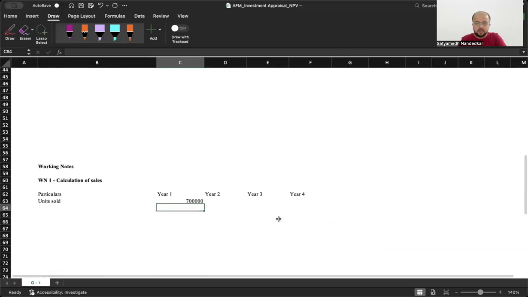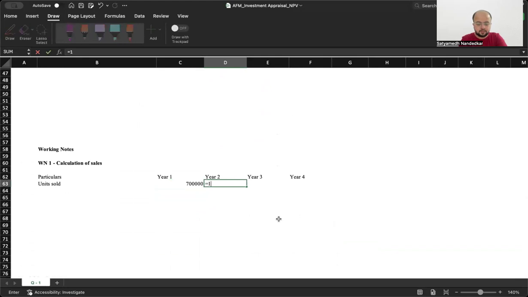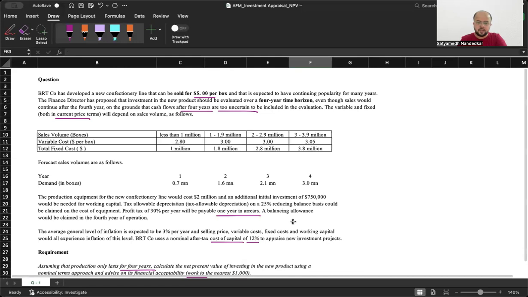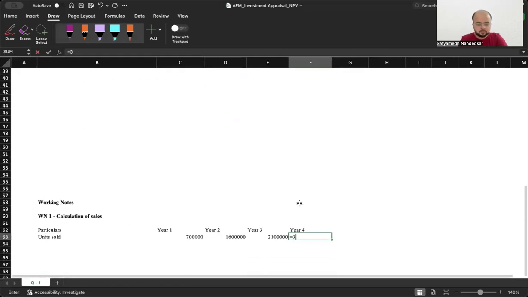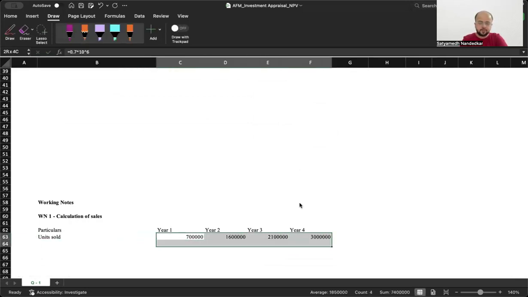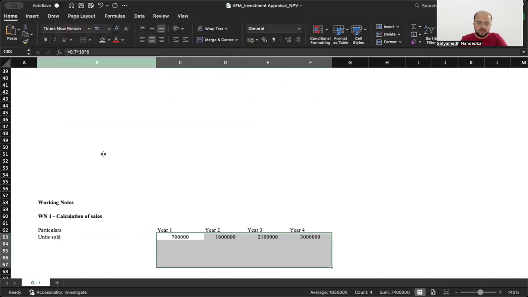Then 1.6, 2.1, 3.0. And last year, 3 million. Now, let's try to calculate the overall sale.